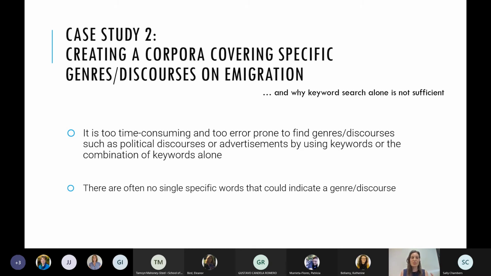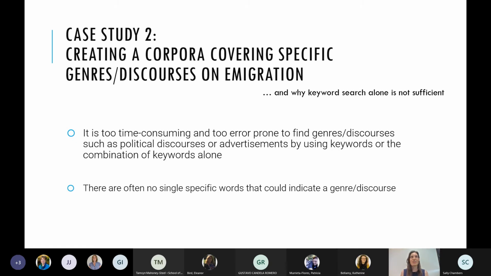Actually, I was trying to connect the word emigration and other words that have the same meaning, like emigration, with words that would lead me to specific genres. But this is very time-consuming and too error-prone, because it's impossible to find all possible combinations of words.